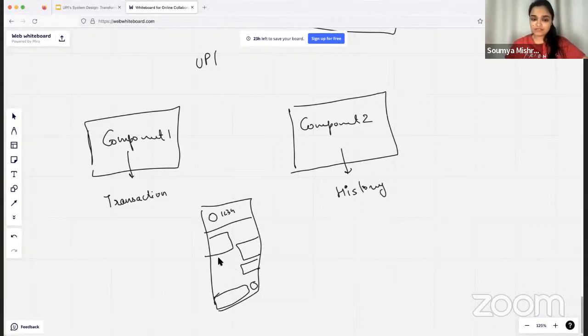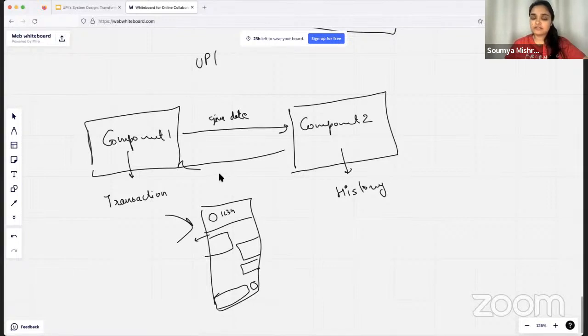When you see your previous transaction, do you also see a date on top of it? Right? Now say this is my transaction component, okay? The transaction component is getting this data from the history component, right? So the transaction component is telling the history component, give date, okay? And the history component is returning the date. It's like, okay, take the date.